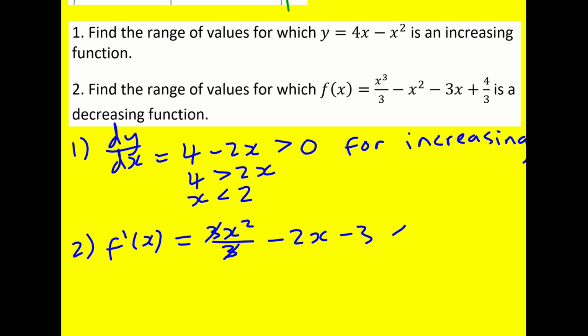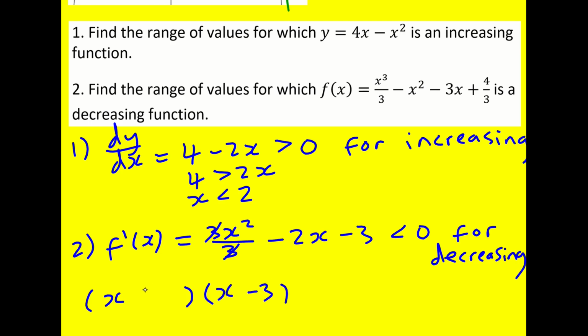So this is less than 0 for decreasing. Okay, so I've got a quadratic inequality. Best thing to do is try to factorize it. And it does indeed factorize. Minus 3 and plus 1 will give you your requirements.